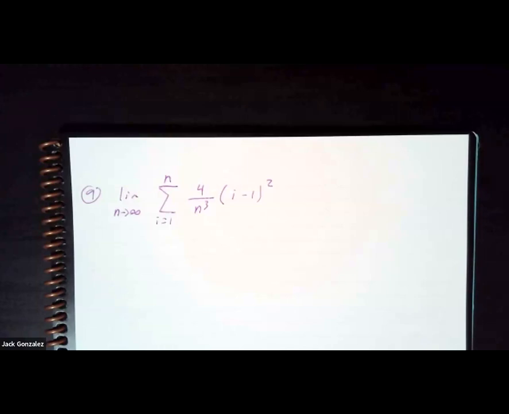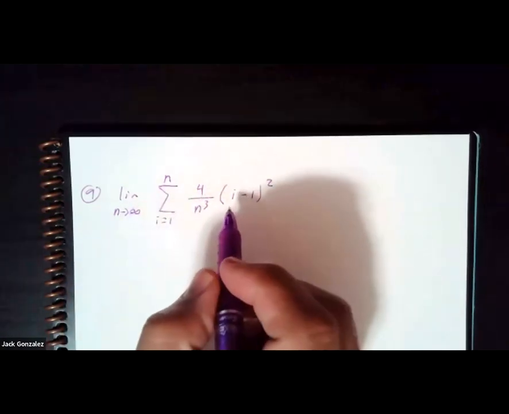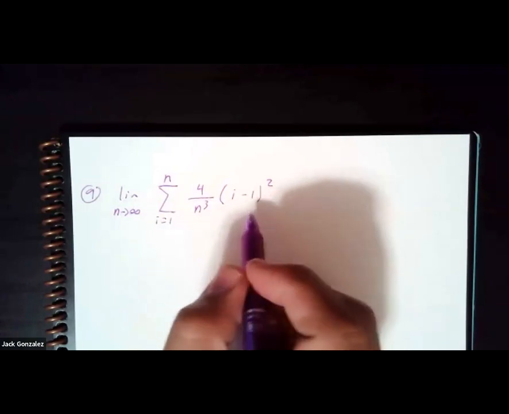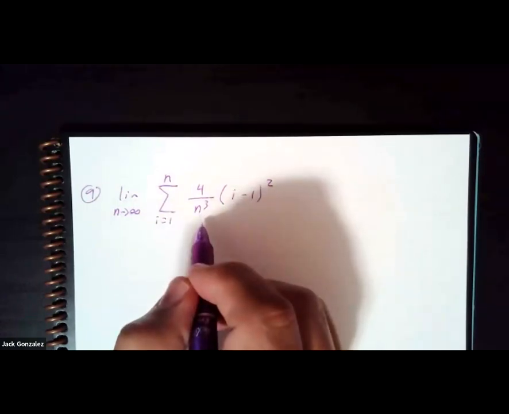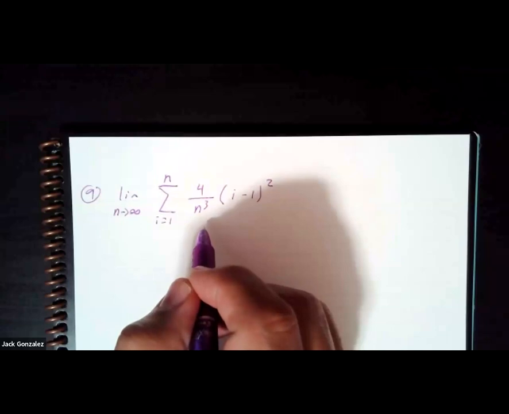All right, so what you want to do, deal with the limit at the end. First, deal with the I stuff, okay? You can pull out the, well, let's see.